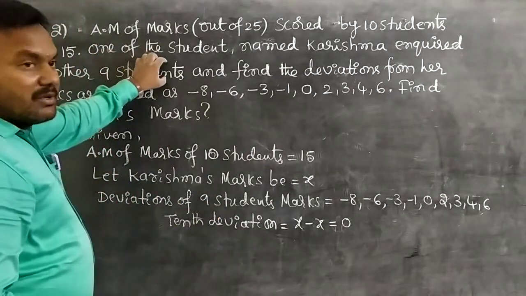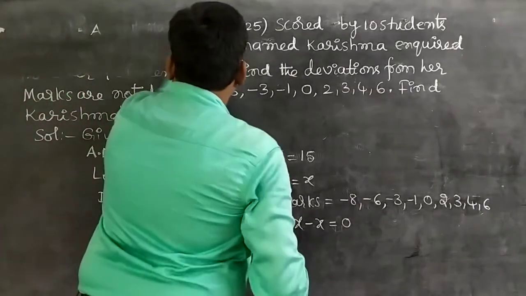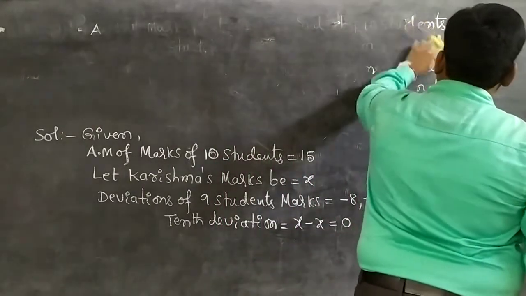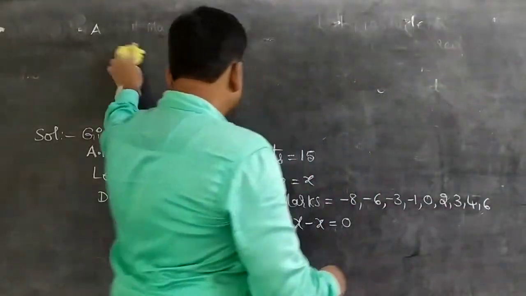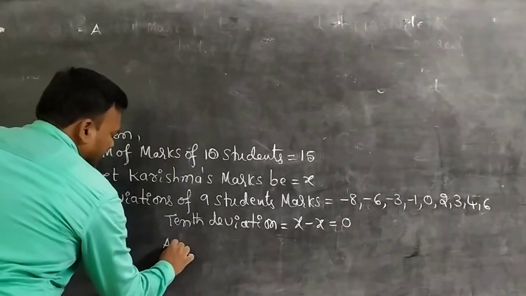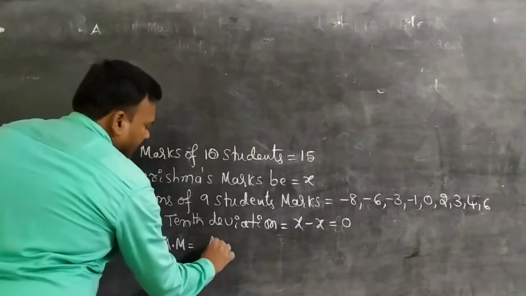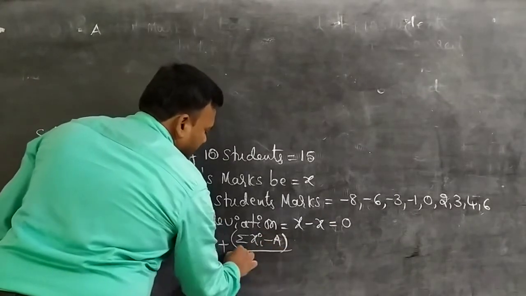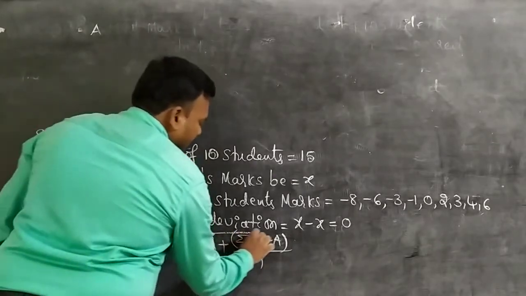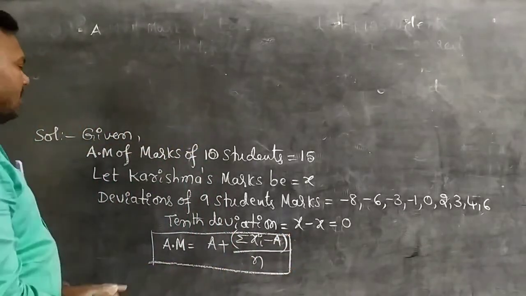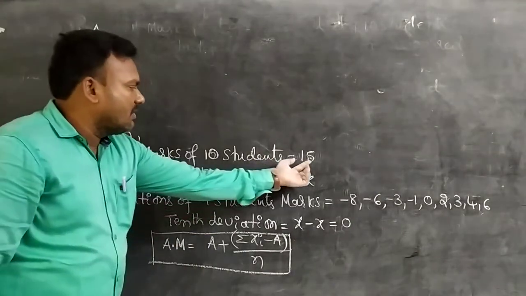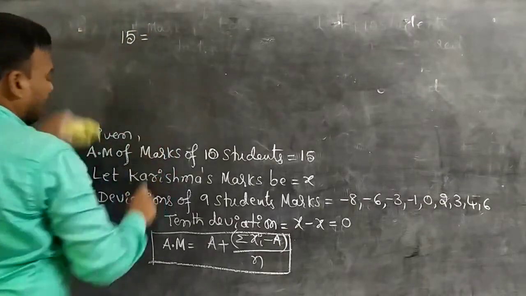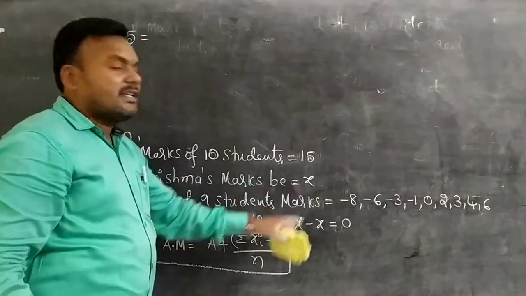Okay, shall I clear the problem, students? So what about the formula, observe? Arithmetic mean equal to A plus summation xi minus A by n, n means number of deviations. By using this formula, how much is given? Arithmetic mean of 10 students equal to 15, and also estimated mean considered as Karisma's marks.